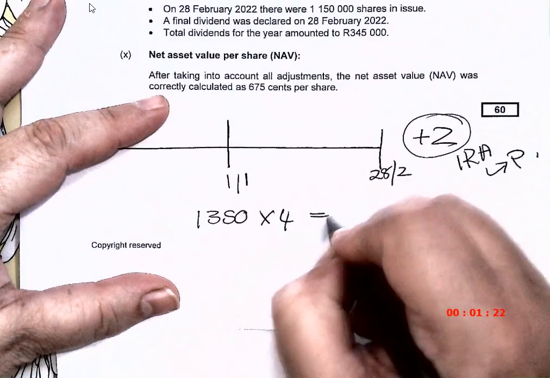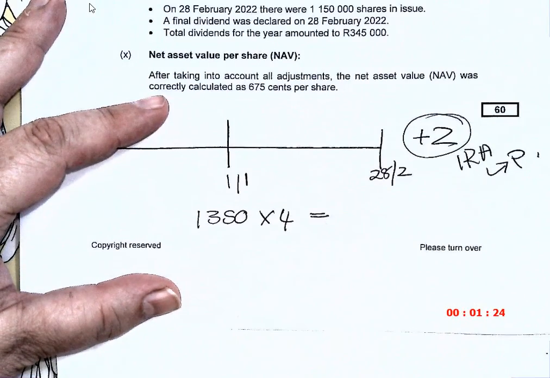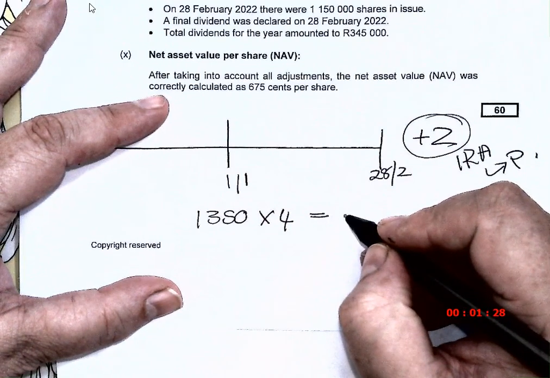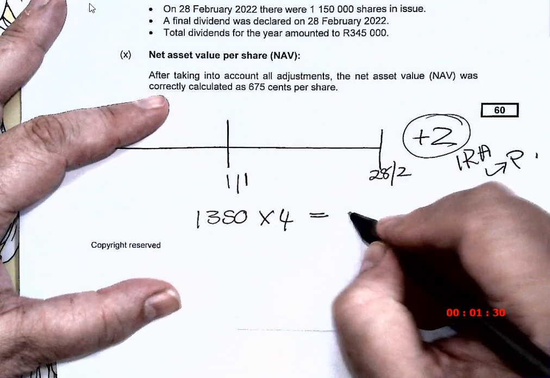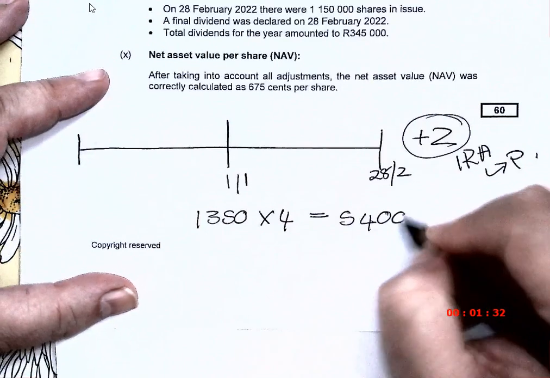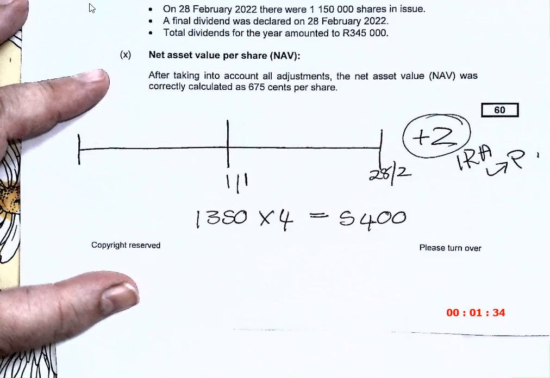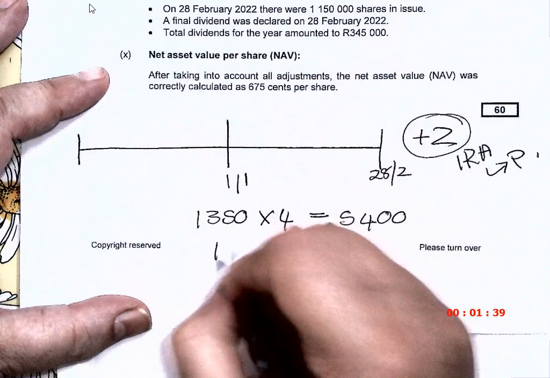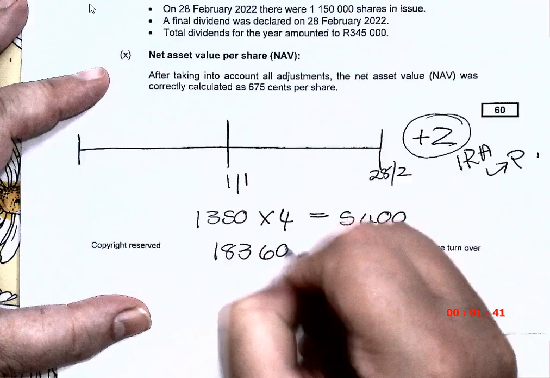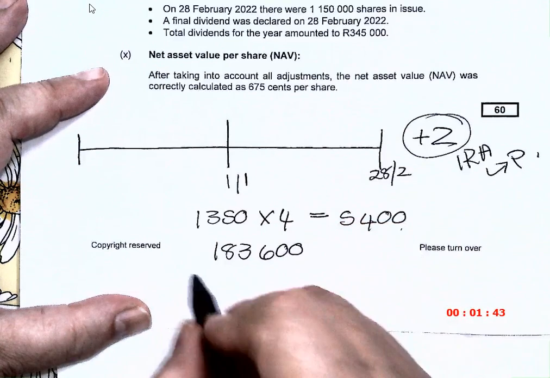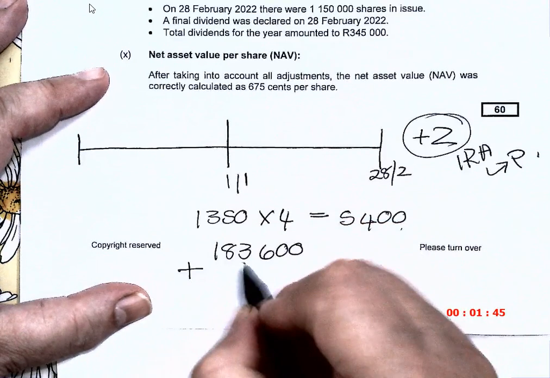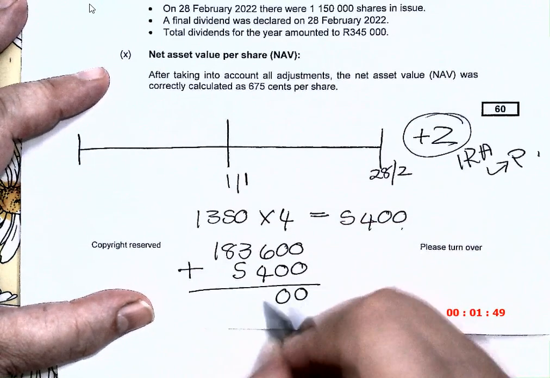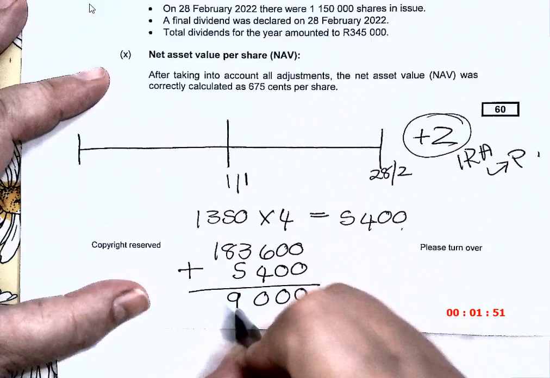So how much did she pay less? $5,400. Okay. Now I know my rent is 183,600. I'm going to add the 54 because I want to see how much I would have received if there was no discount.